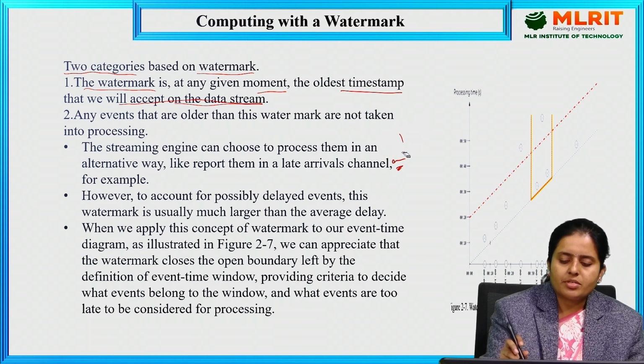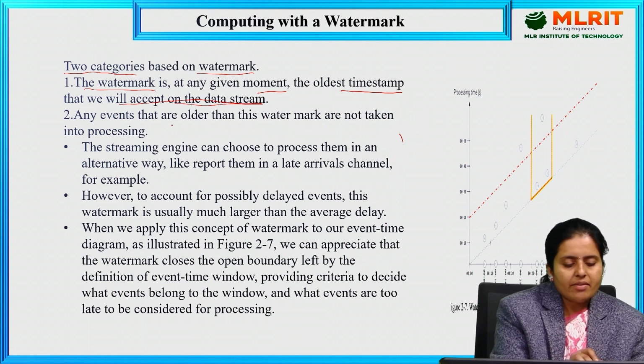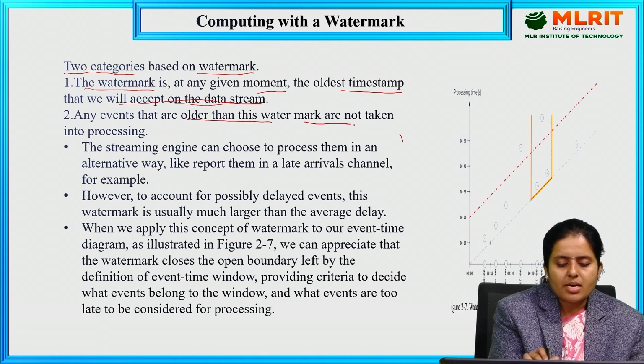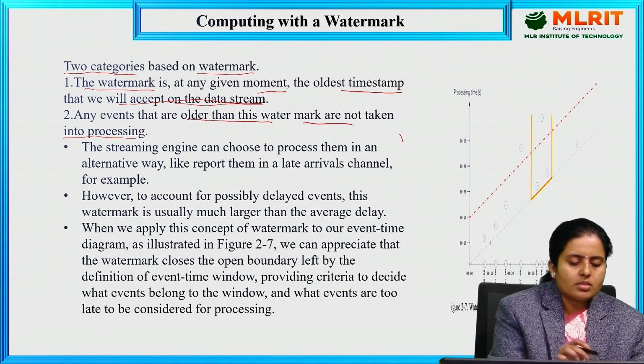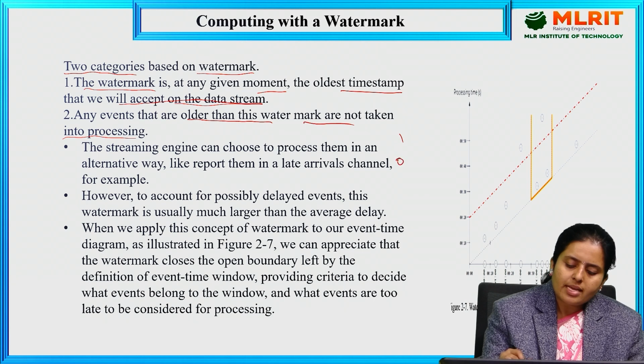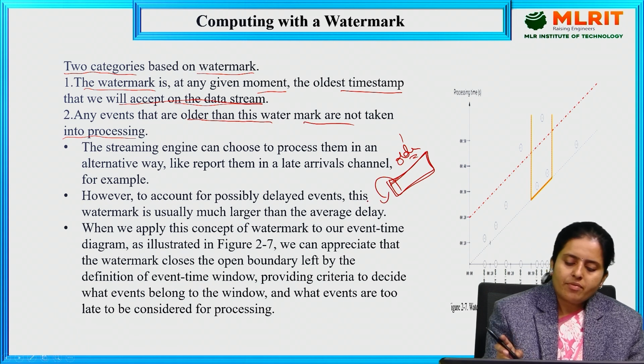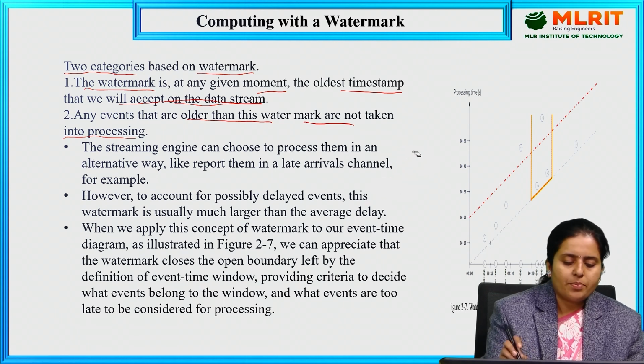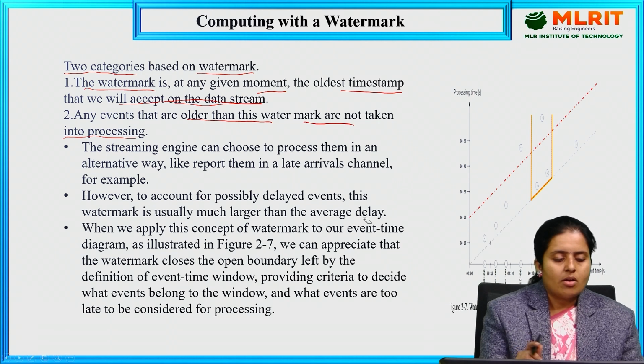That is the first category. The second one is that any events older than this watermark are not taken into processing. So if the watermark time has completed, it will not consider the previous data. These are the two categories on which watermark works.